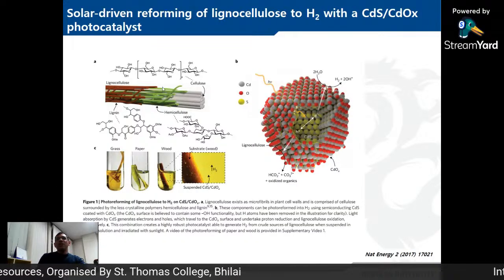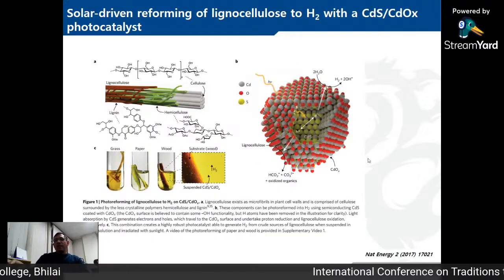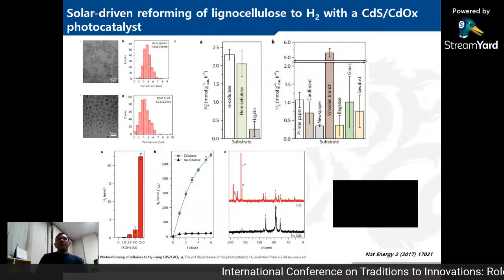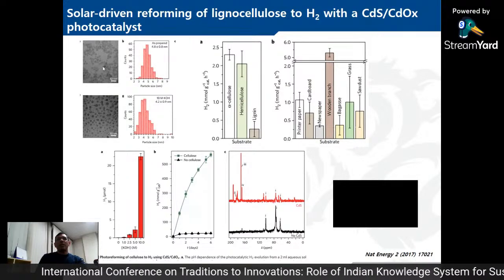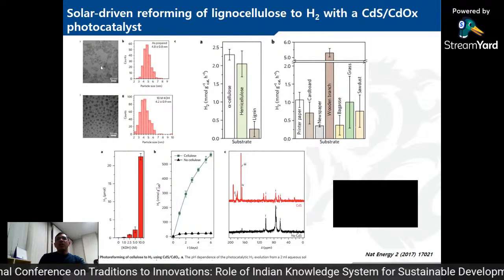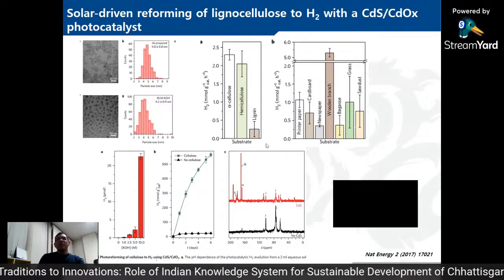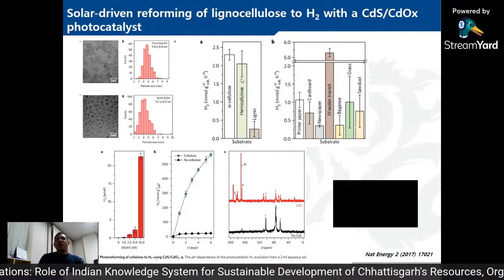So over this cellulose wood, the catalyst is generated, and you can see small quantum size nanoparticles have been generated and deposited on the substrate of the wood cellulose.